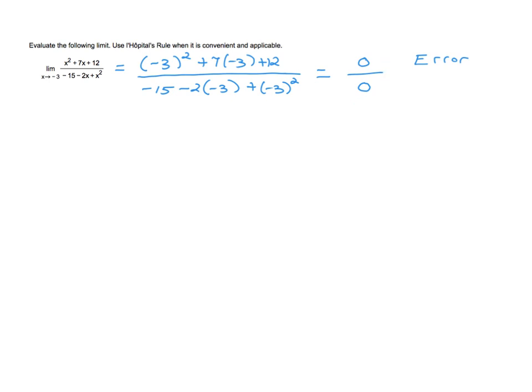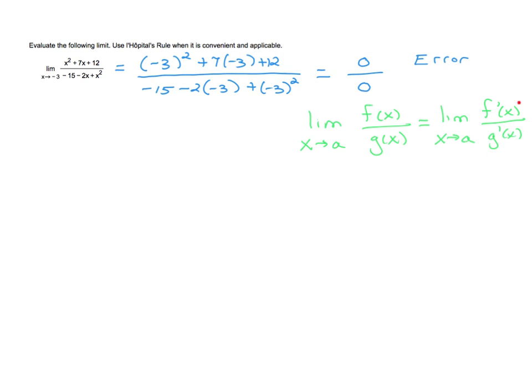But the good news is, if this happens where you have 0 over 0, you can use something called L'Hopital's rule. L'Hopital's rule says, if you are figuring out the limit as you approach some value of a fraction, which I'll write as f of x over g of x, and it turns out that you get 0 over 0, then instead you can figure out the limit as x approaches the same number, but look at the derivative of the numerator and the derivative of the denominator.